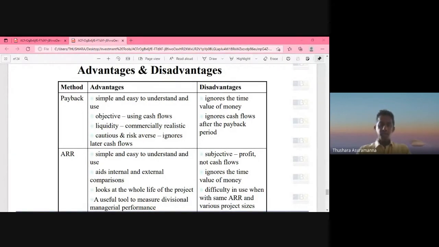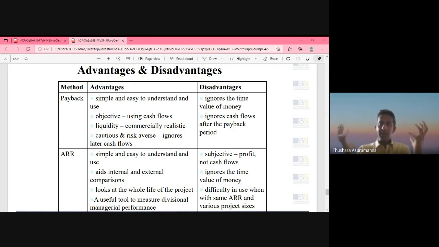Third, when you have the same ARR it's difficult to compare, and the sizes also differ. Why? You take average profit to average investment. If it is a 10 million project, you get 30% ARR. If it's a 100 million project, you also get 30% ARR.